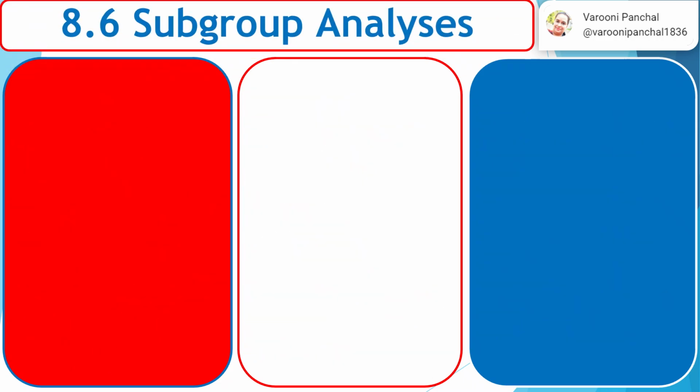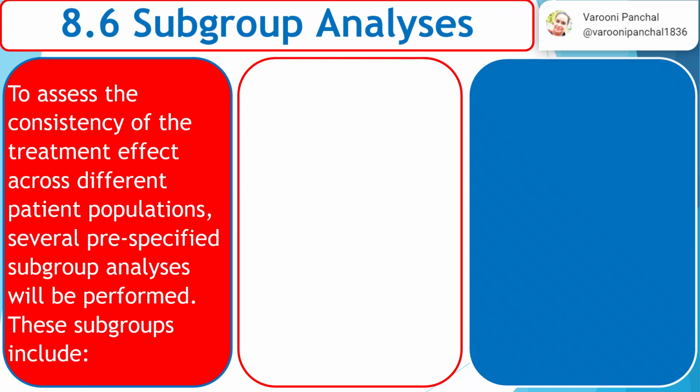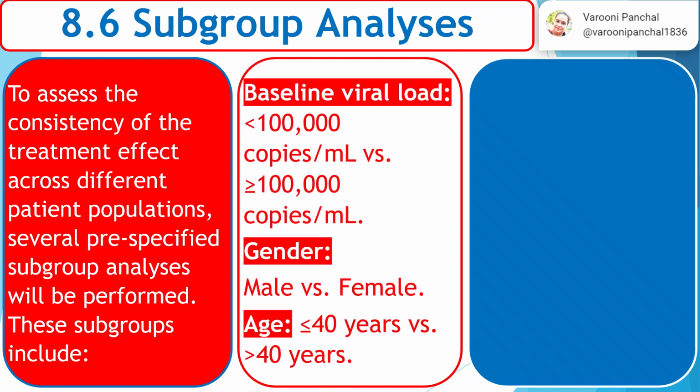Number 8.6. Subgroup analyses. To assess the consistency of the treatment effect across different patient populations, several pre-specified subgroup analyses will be performed. These subgroups include baseline viral load, less than 100,000 copies per milliliter versus 100,000 copies per milliliter or more, gender, male versus female, age, less than or equal to 40 years versus more than 40 years.